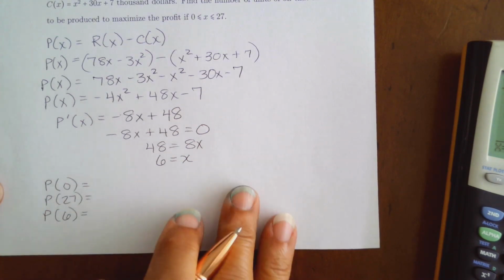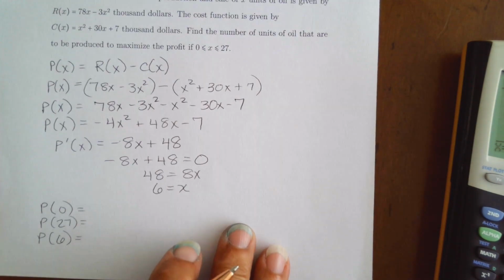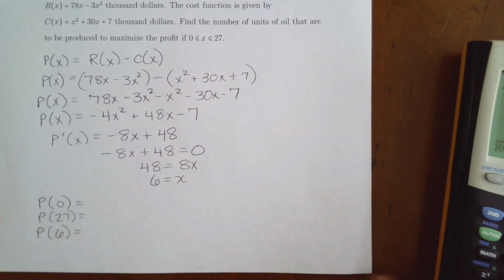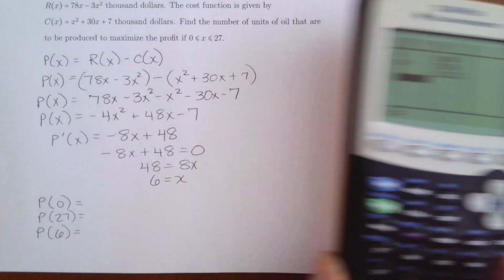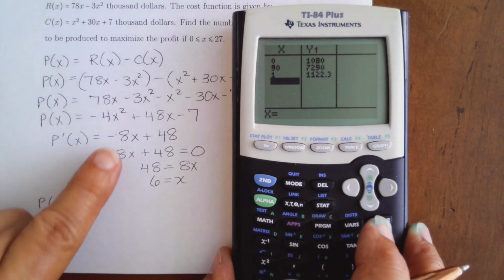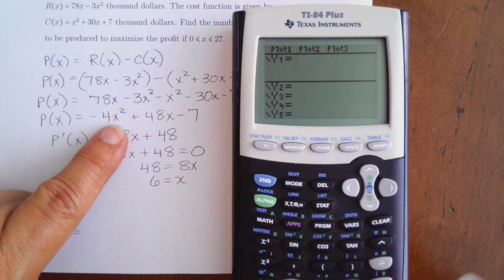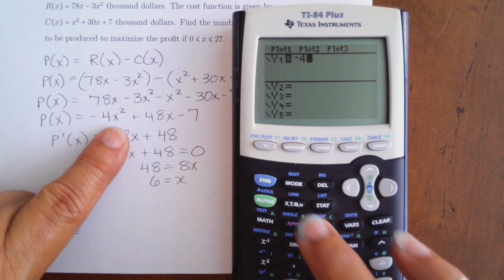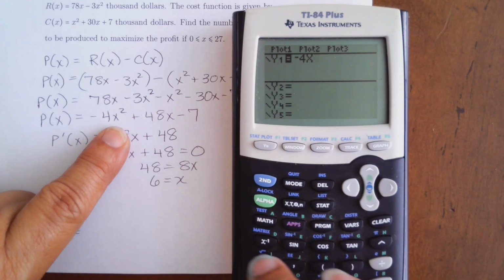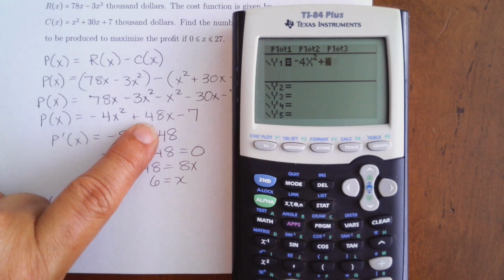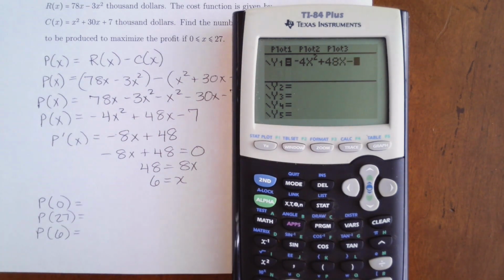Okay, remember, we're trying to maximize the profit. So again, you want to put this in your calculator, however you want to do that, but we're going to plug it into here. So I'm going to put in negative 4x squared plus 48x minus 7. Okay, there's the profit function.